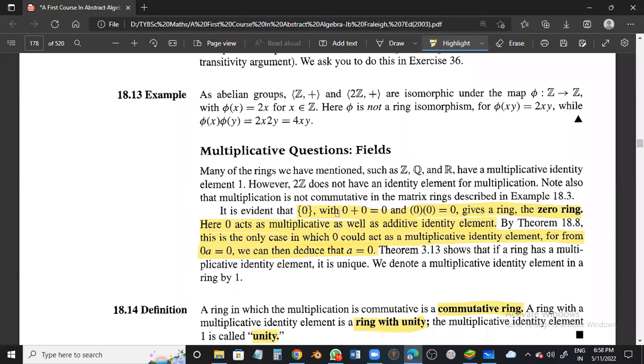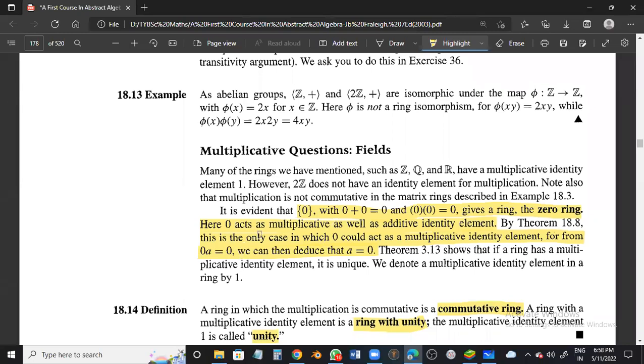So all my needs are satisfied with 0. So singleton 0 itself satisfies all the axioms required for a ring, and therefore we call it a zero ring. I hope you are getting me. Zero ring is singleton 0 with addition and multiplication.